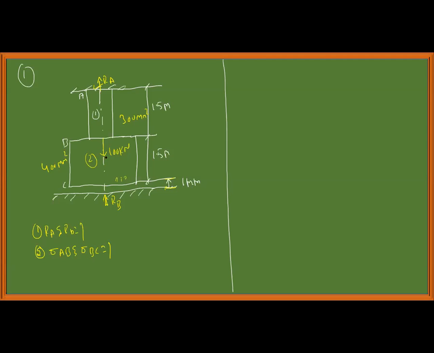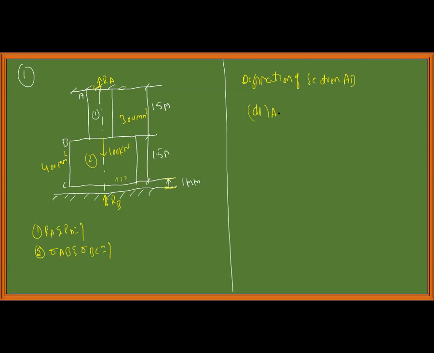Now, once these types of problems are given, the first thing you should do is find whether the section AB is undergoing deformation of more than 1 mm or not. You cannot directly say that. First you want to find the deformation of section AB.